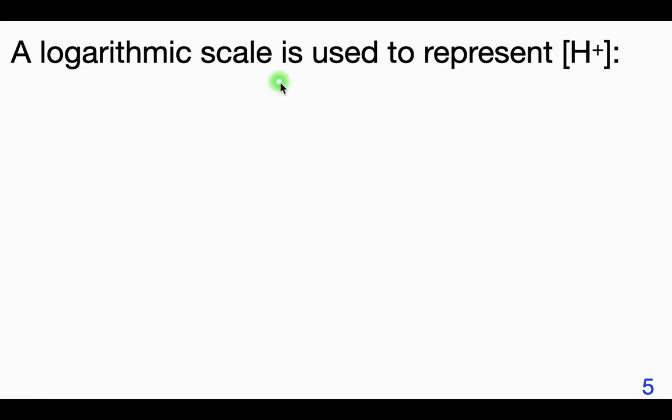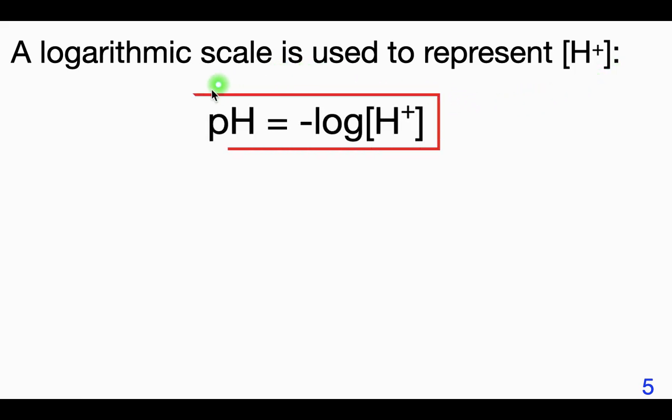A logarithmic scale is used to represent the hydrogen ion concentration. And this is the equation that we use. pH is equal to the negative logarithm of the hydrogen ion concentration. And we'll look at this equation in more detail in just a minute.